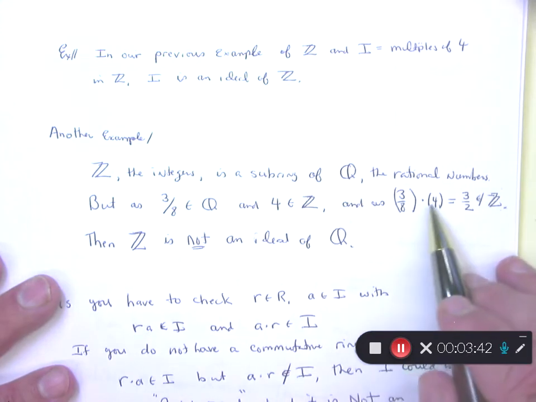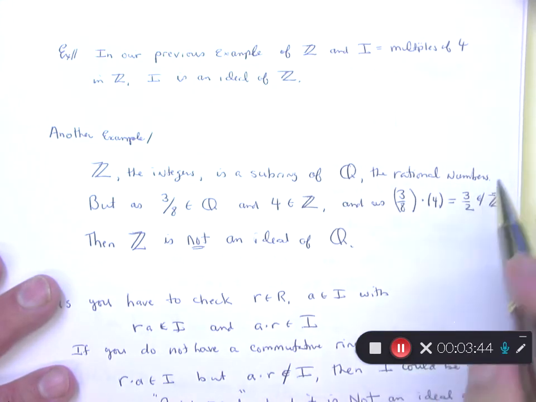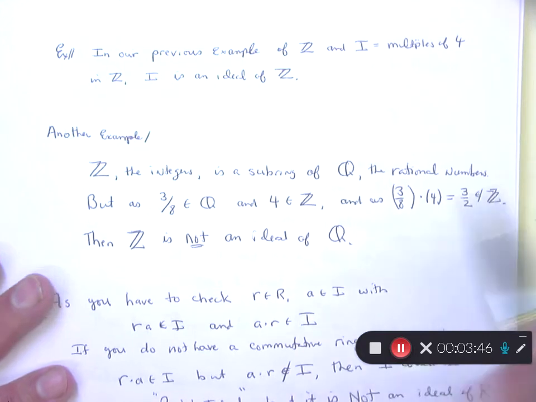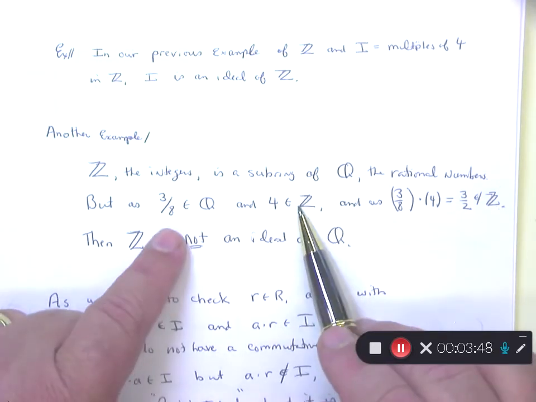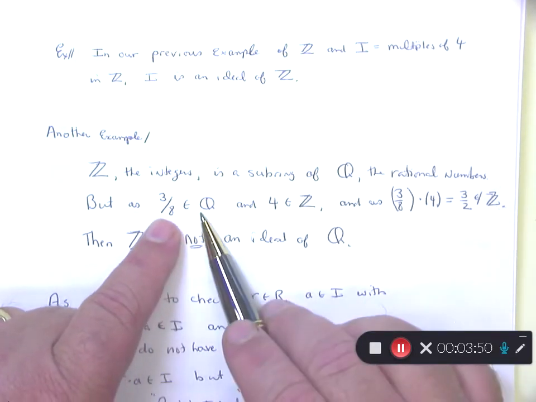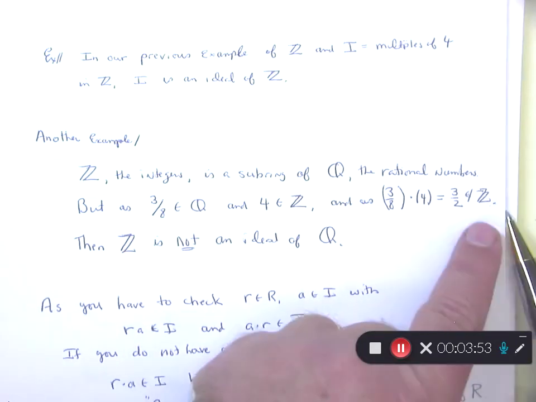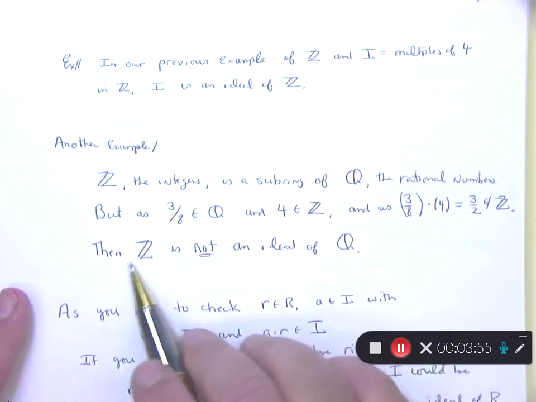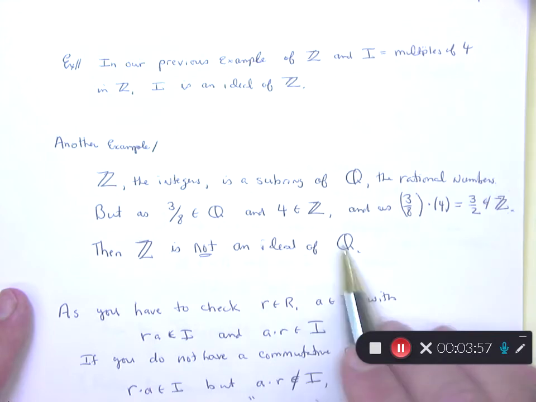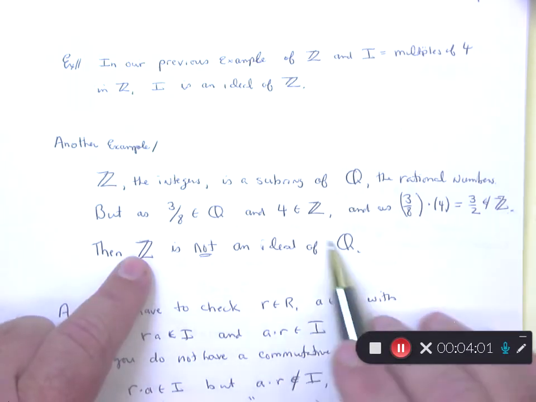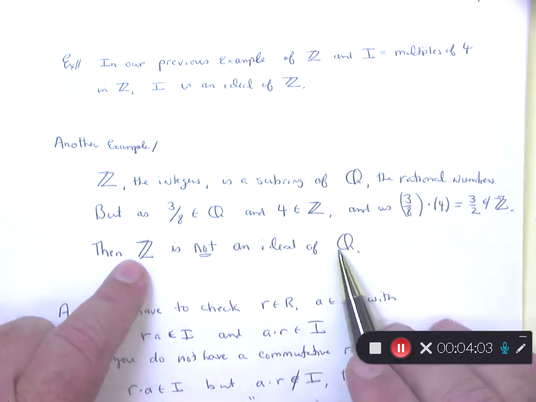Well, 3/8 times 4 is actually 3/2, and 3/2 is not an integer. So here is a product of one element inside my set, another element inside the ring, but their product is not back inside the set. So therefore, Z is not an ideal of the rationals. So the integers are not an ideal, right? It is a subring, clearly, but it is not an ideal.